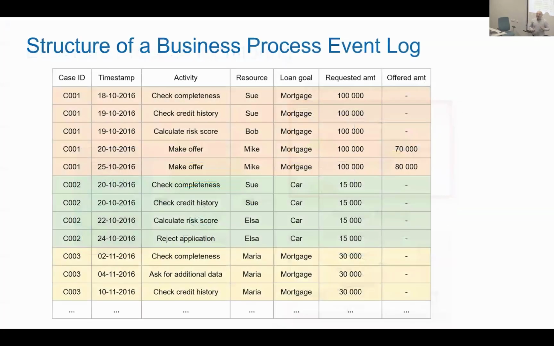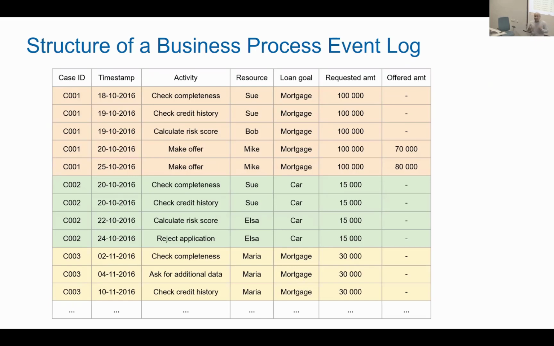Both of these take as a starting point data about the execution of one or more processes. Let us start with one process. Let me imagine I have a loan application handling process that is running in a system, let's say the equivalent of a CRM system in a bank.